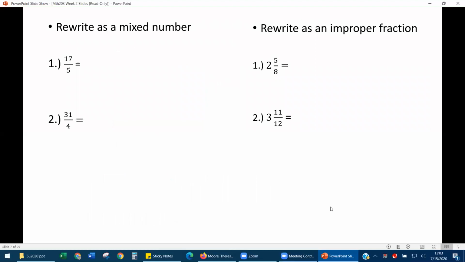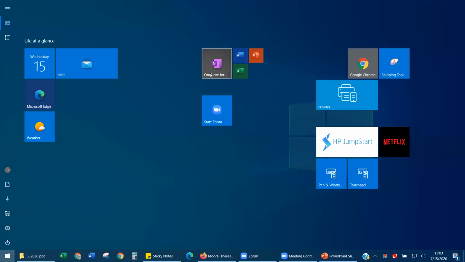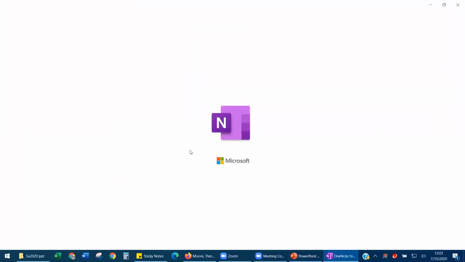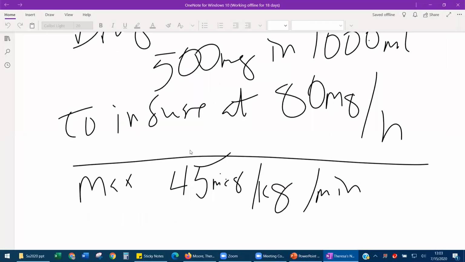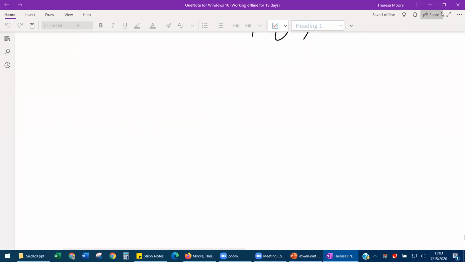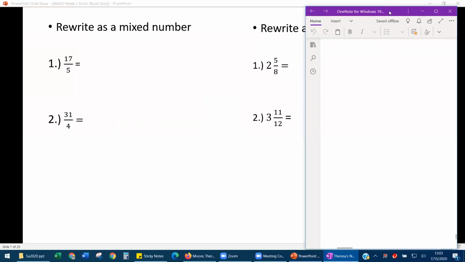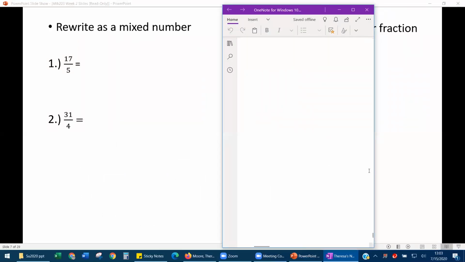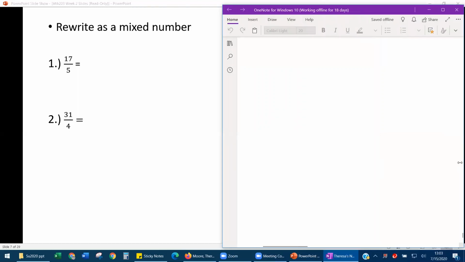So rewrite as a mixed number. Let me pull this up, and we'll go through these one by one. 17 over 5.